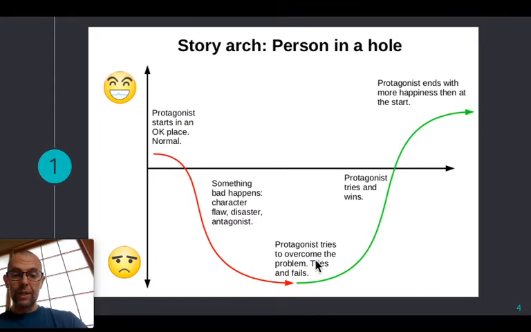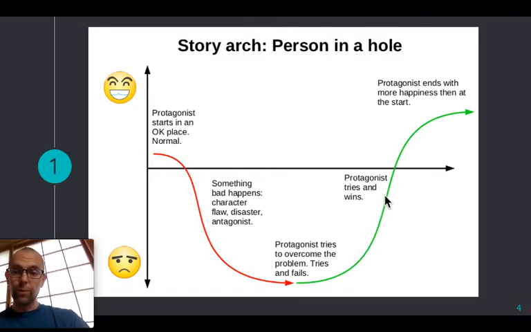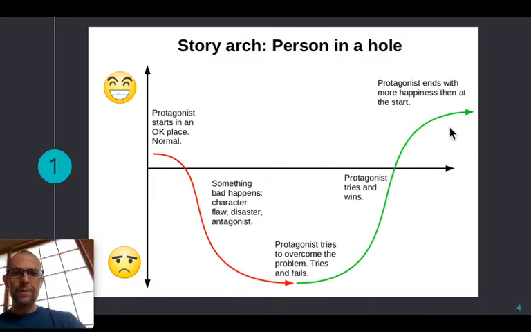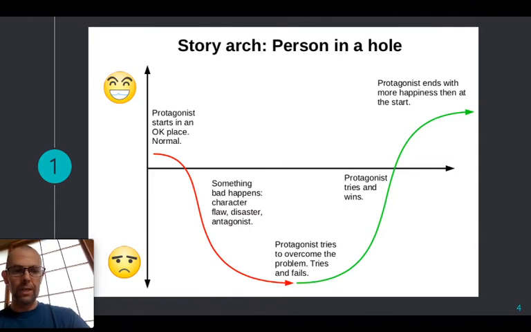The protagonist tries to overcome, but they fail, and then the protagonist starts to win, and it's a happy ending. So that's the most common type. A lot of your Hollywood-style action movies have this structure.